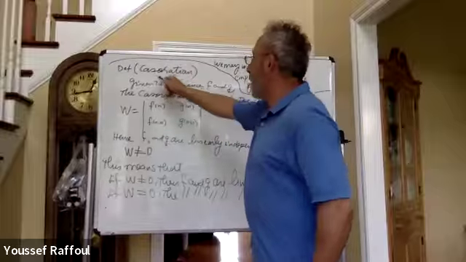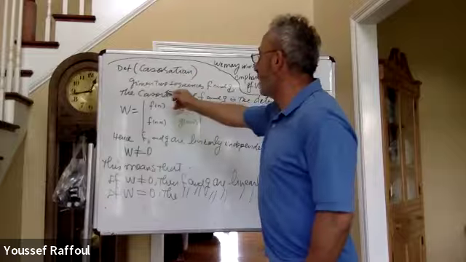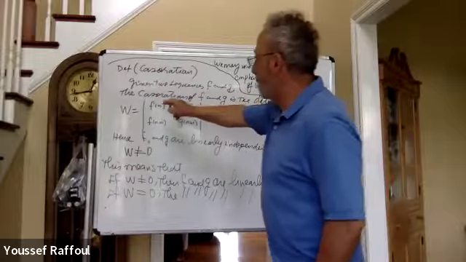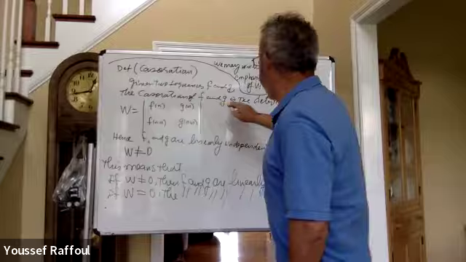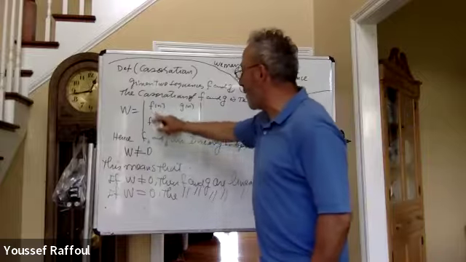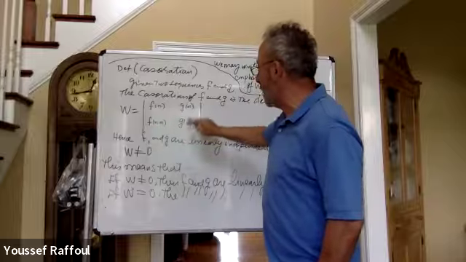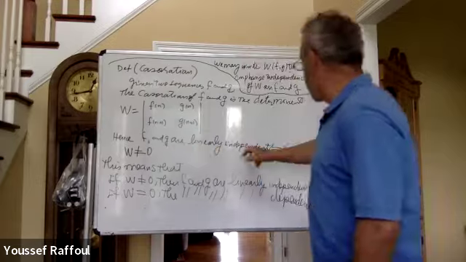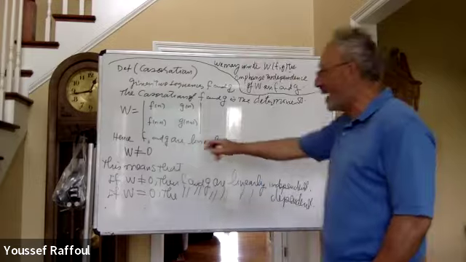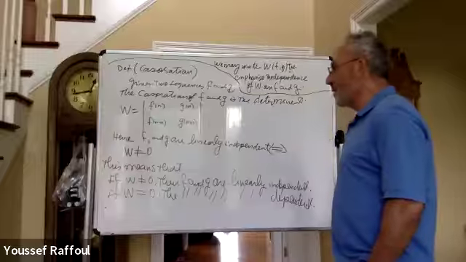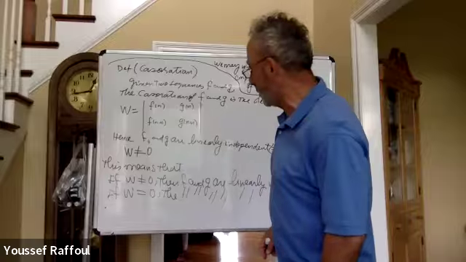Okay. Definition, Casoratian: given two sequences f and g, the Casoratian of f and g is the determinant W equal to f(n), f(n+1), g(n), g(n+1). Here f and g are linearly independent if and only if W is not 0.